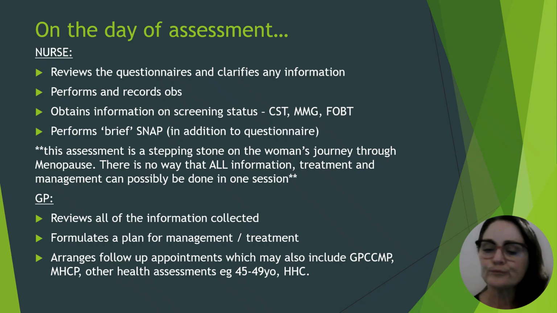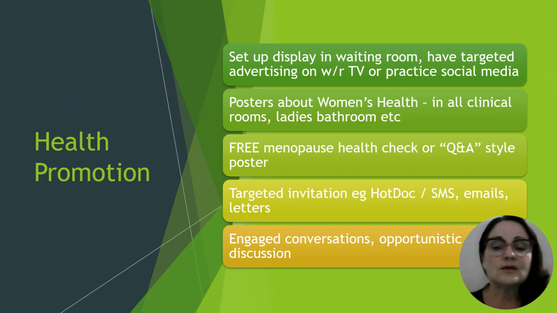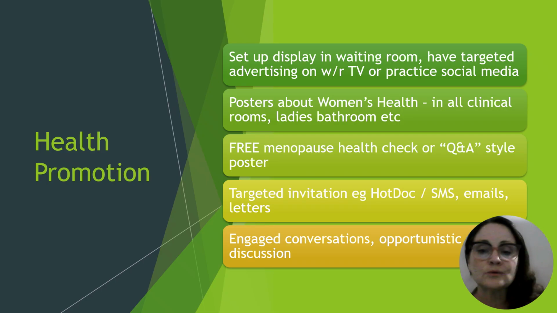So some ways that we can help promote this health check, apart from obviously having those engaged conversations and those opportunistic discussions, whether it's the GP doing that or you doing that. Maybe even it's the other way around.